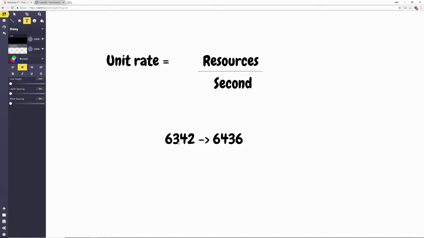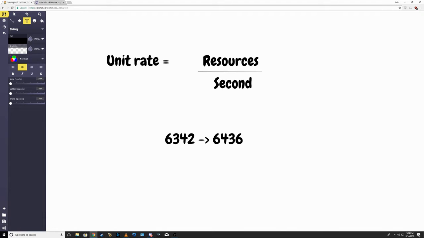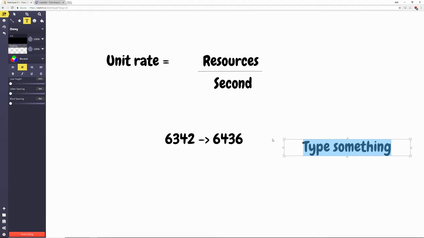So the first thing we have to do is subtract these two numbers. When we subtract 6,436 minus 6,342, we will get 94. So the difference between these two numbers is 94.